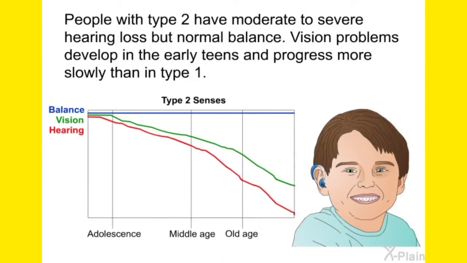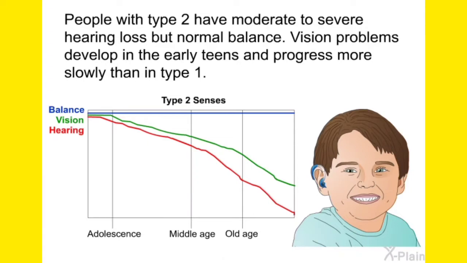Now what happens in type 2? In type 2 the patient has severe hearing loss but normal balance. Hearing loss is also there in type 2 just like type 1, but the balance is normal, and vision problems develop in the early teens.